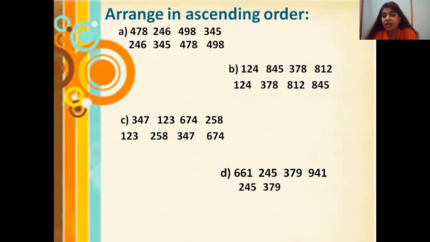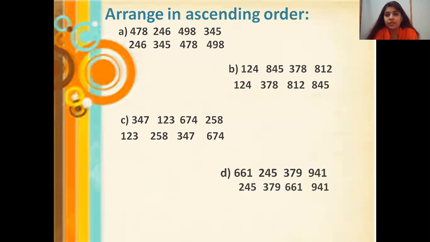It is 379. Now what comes after 379? Is it 941? No, it is 661. Now which is the bigger number? It is 941. Now this is really very good.